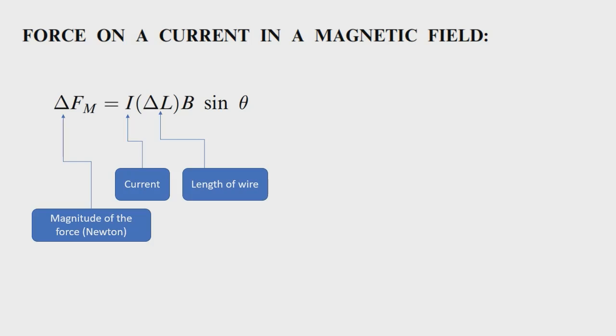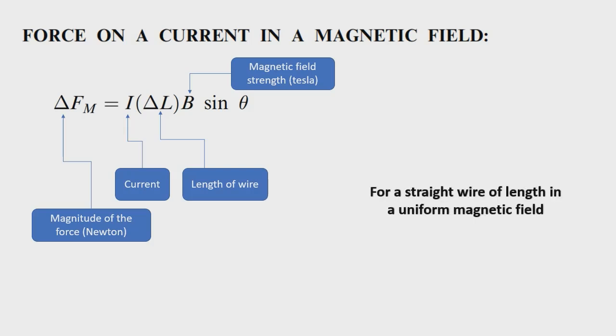Delta L is the small length of the wire, and B is the magnetic field strength in Tesla multiplied by sine theta. However, for a straight wire in a uniform magnetic field, instead of using delta L, it only uses the capital L, which is the length of the straight wire.